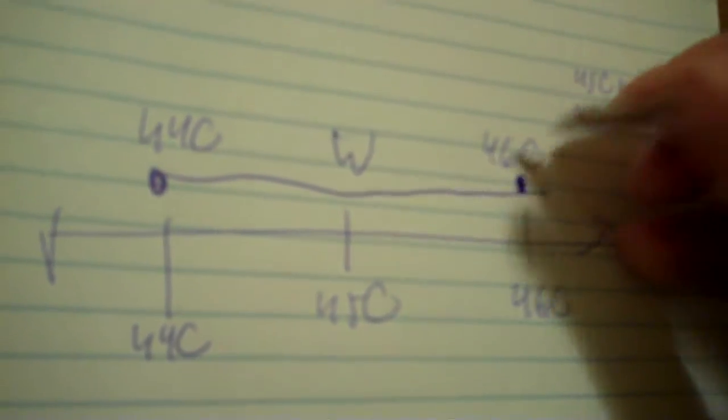Again, use a variable, don't put 450. A lot of people want to do that. That'd be your width, so W, 440, 460. 450 does not belong up here. 450 is part of the range.